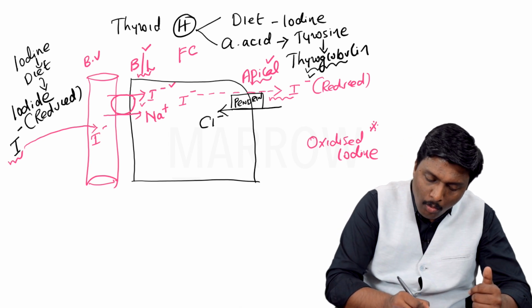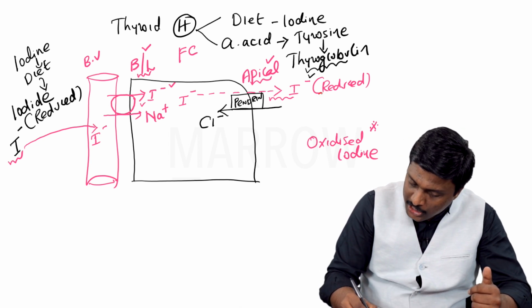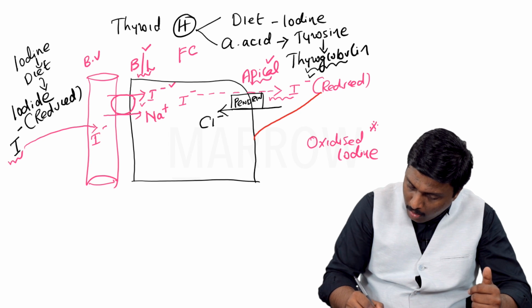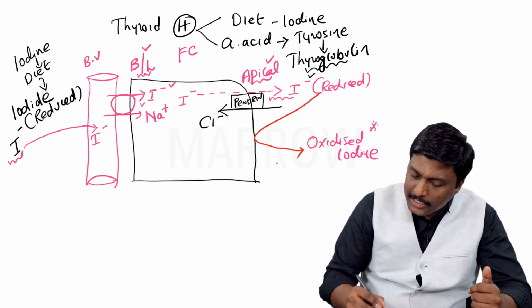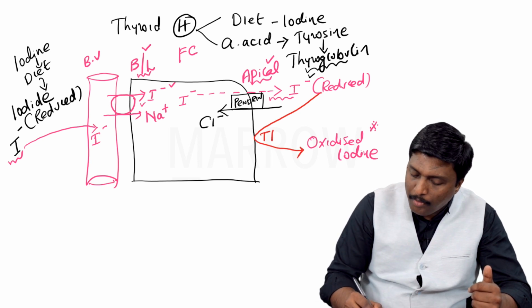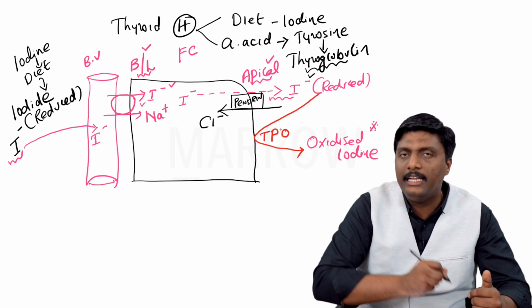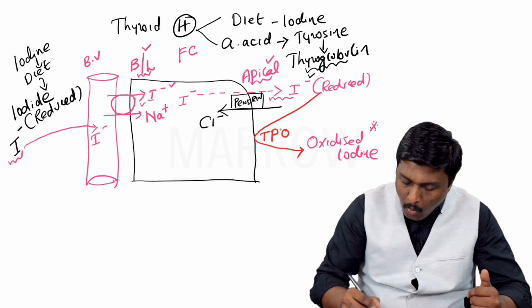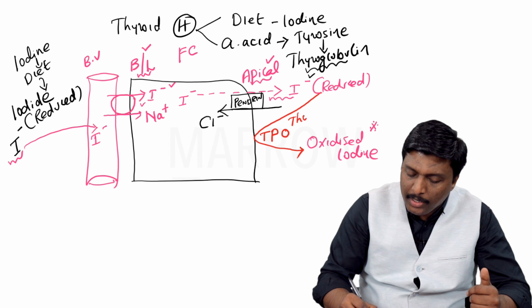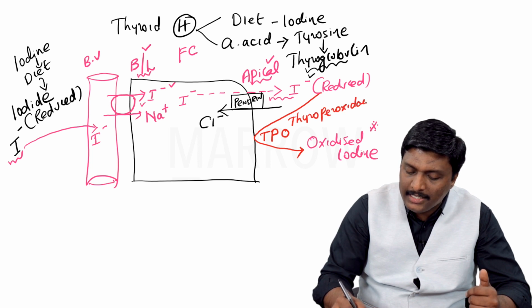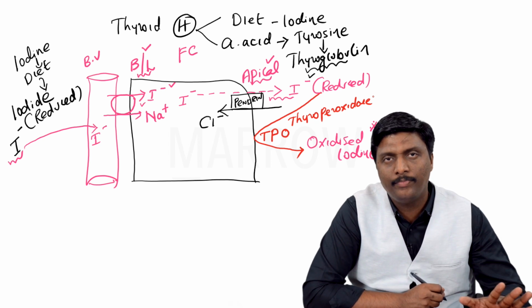Why? For the most important reason: conversion of the reduced form to the oxidized form is always done by one important enzyme whose name is TPO. What does TPO stand for? TPO is none other than our so-called thyroperoxidase or thyroid peroxidase enzyme.